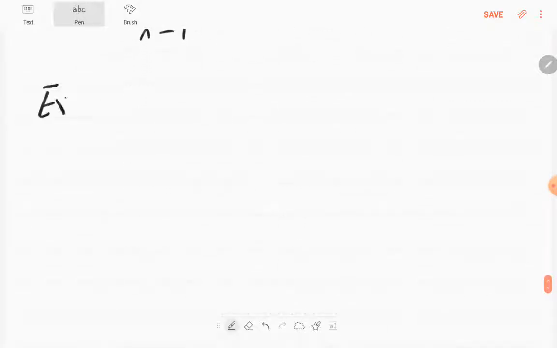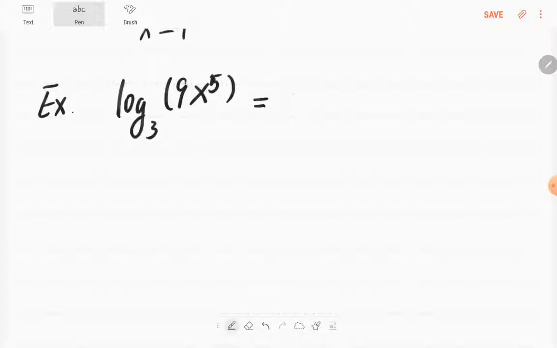So the next one, we want to simplify. We want to rewrite the logarithmic function using the properties we have already learned. For example, for this one, it's equal to, here is 9 times x to the 5th, so you can separate. So it's log to the base 3 of 9 plus log to the base 3 of x to the 5th, right?